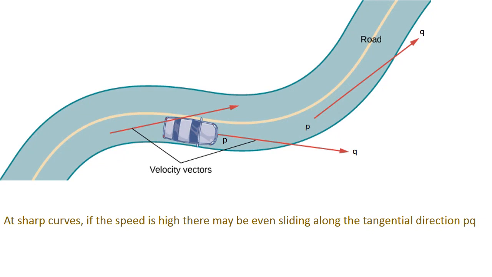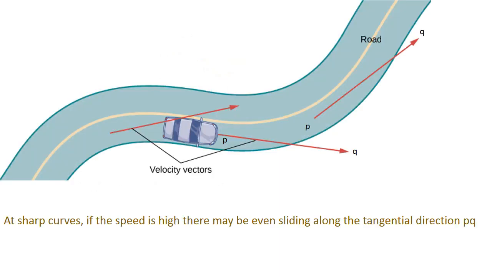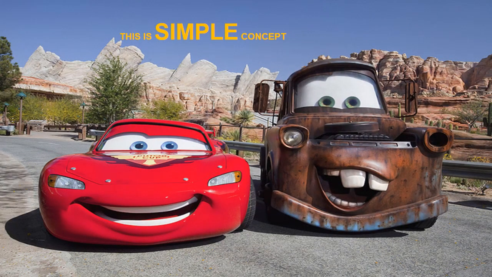On a curved path, the vehicle is turned by the front driven wheels. The direction PQ will not resist the vehicle at high speed, so there is a chance of the car sliding in the direction of PQ. This is a simple concept.